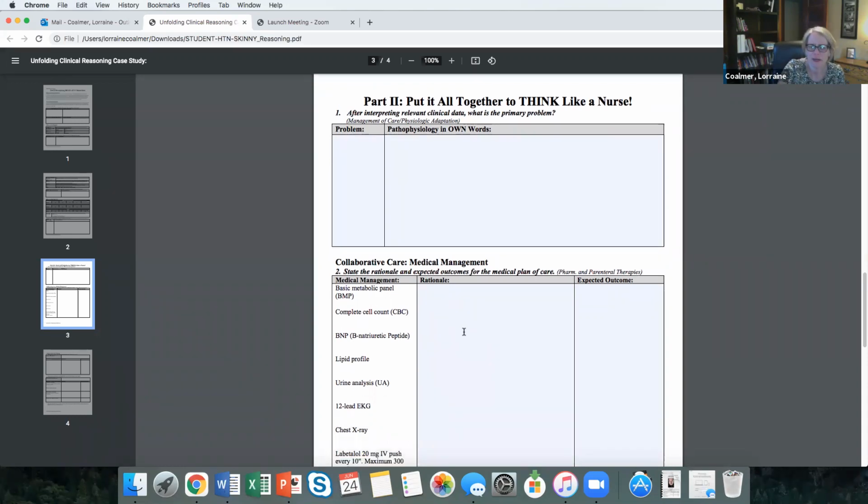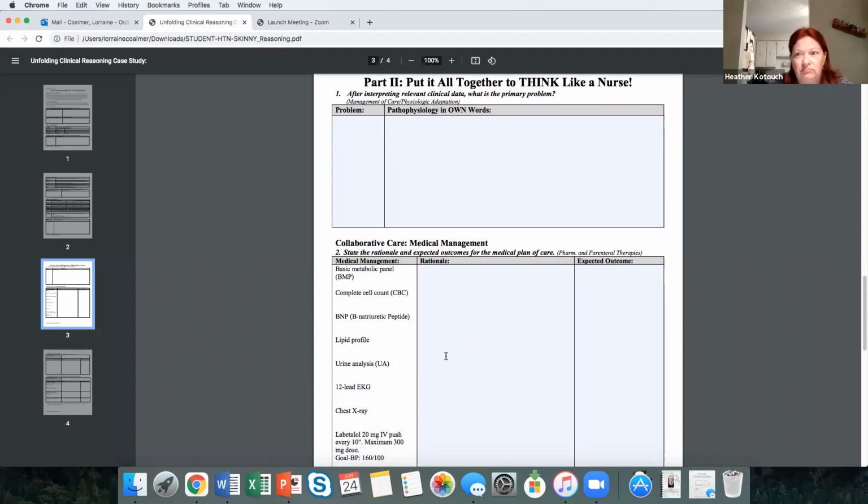Okay. What about the UA? Why do I care about a urinalysis? What are we looking for? Albumin and glucose, and hematuria. Oh my God, you guys are so smart. So we're looking at, are we spilling protein? Because if I'm spilling protein, I probably damaged my kidneys from that stinking hypertension, right?